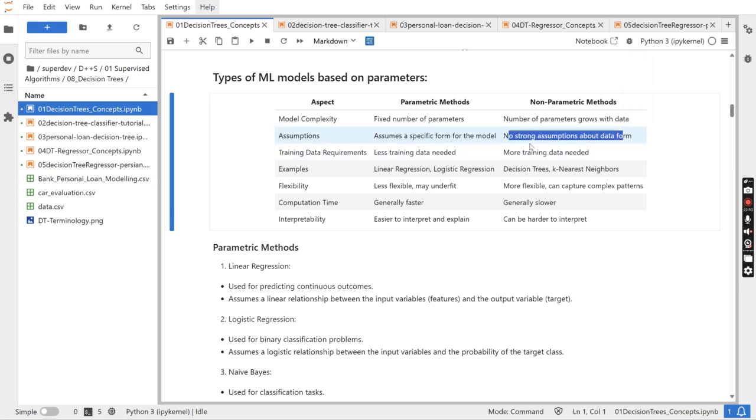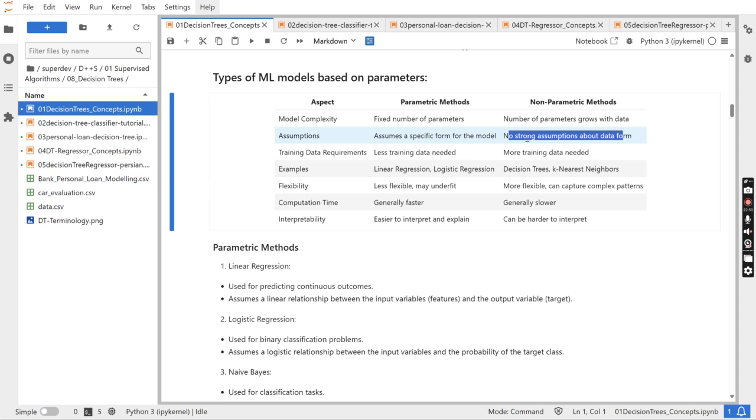For example, a tree may have a root node, child nodes, and leaf nodes. But every time you change the data, the tree structure will change.